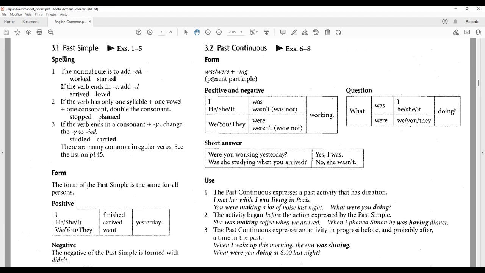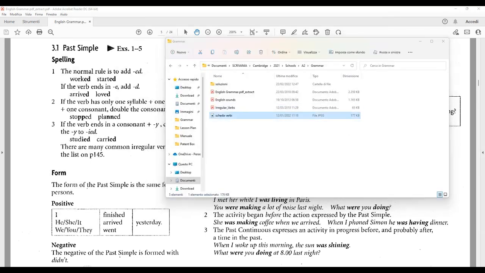Attenzione qui, perché se vi ho detto che al passato prossimo non si mette mai una S, al passato remoto, perdono, che sarebbe il past simple, ci sono delle eccezioni nel caso del verbo essere, ad esempio, perché I was, quindi io ero, io fui, you were, he, she, it was, quindi il was si usa per la prima e per la terza persona singolare al passato.